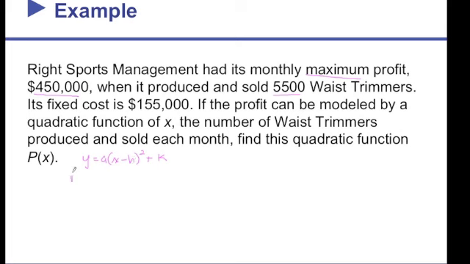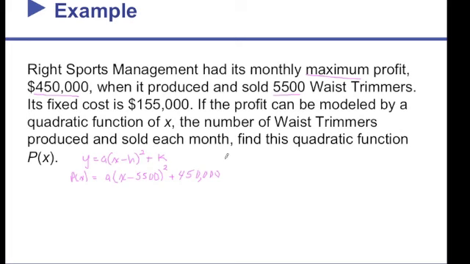So my profit, P of x, equals a times (x minus 5,500) squared plus that maximum profit of 450,000.